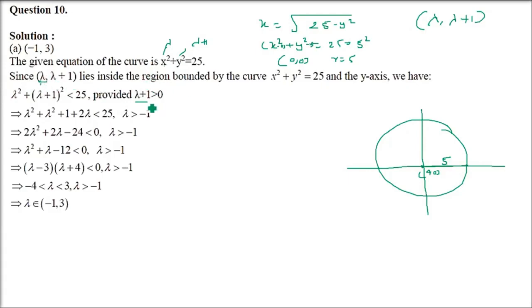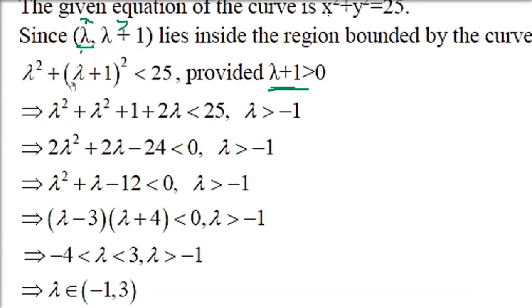So lambda square plus (lambda plus 1) square is less than 25, and as I said, lambda plus 1 is greater than 0 is one of the conditions.